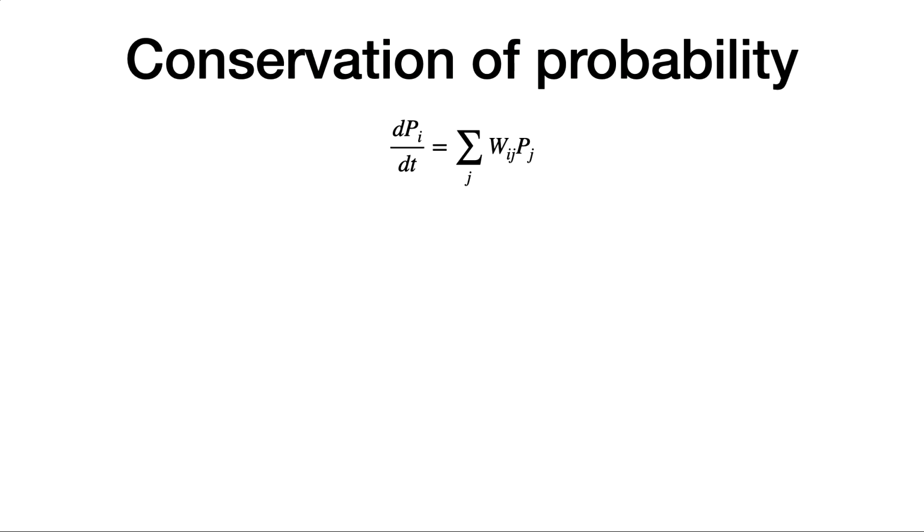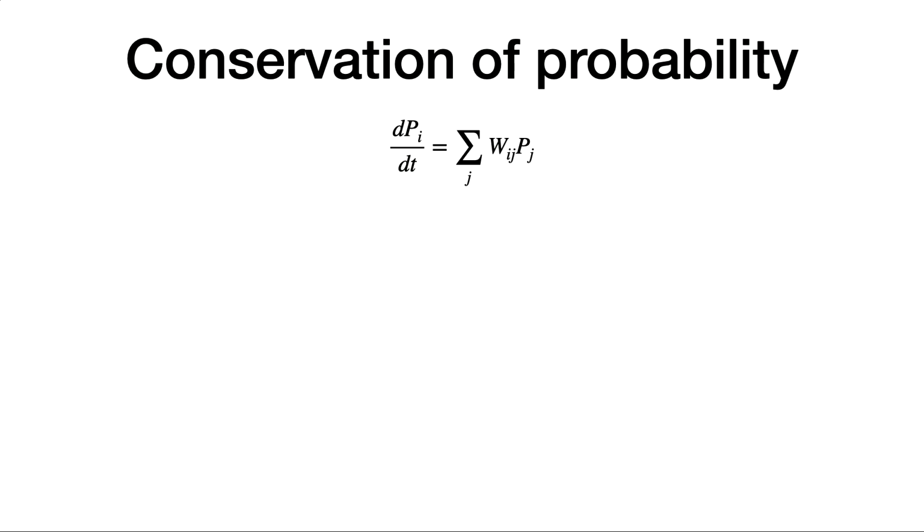Now, how is it all connected to simulation? We'll come to that. Let us do a little bit of properties of Markov process. Now we have to be sure that probability should be conserved as we go along. So let us explicitly show that the master equation satisfies conservation of probability.